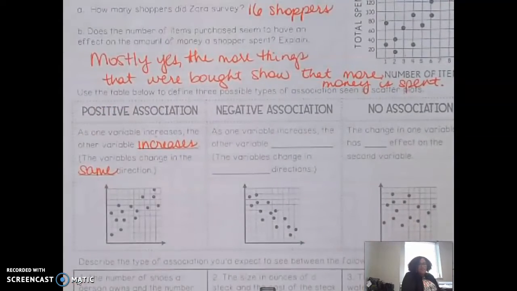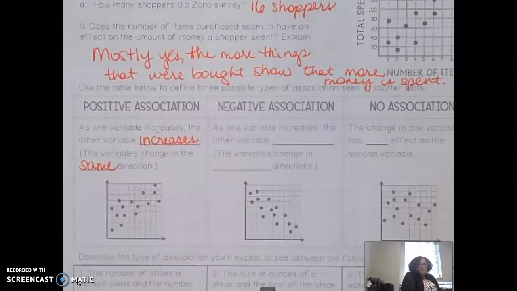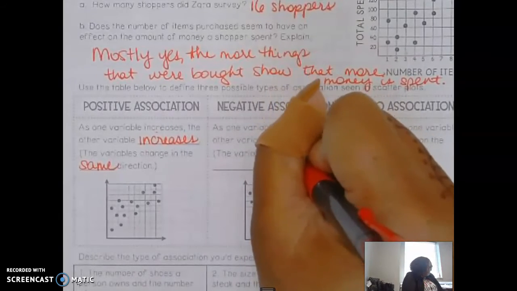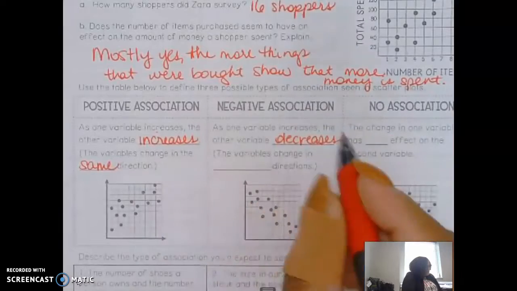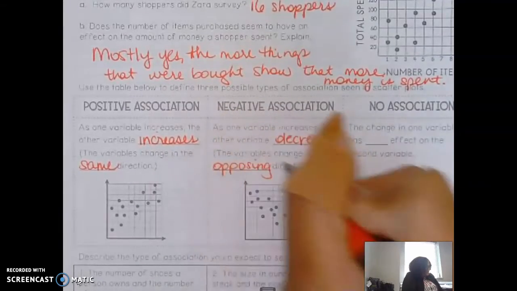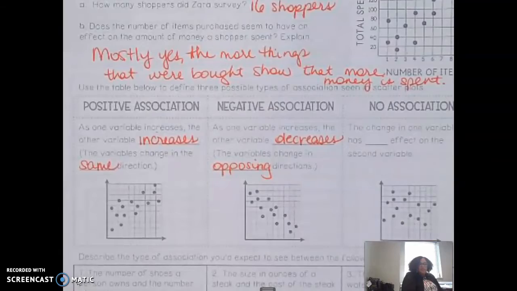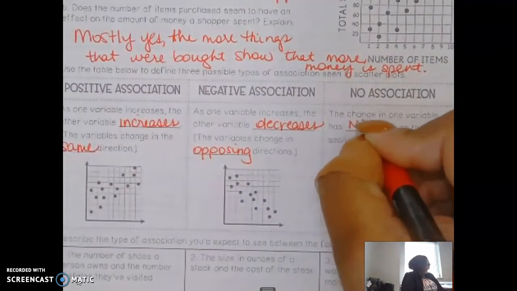The variables change in the same direction. As one variable increases for negative association, the other variable decreases. The variables change in opposite or opposing directions. And then no association means that the change in one variable has absolutely no effect on the other.